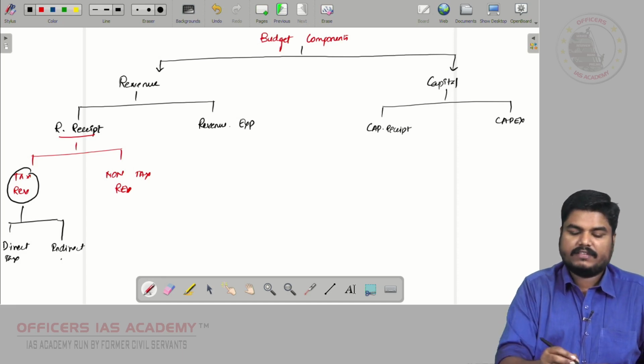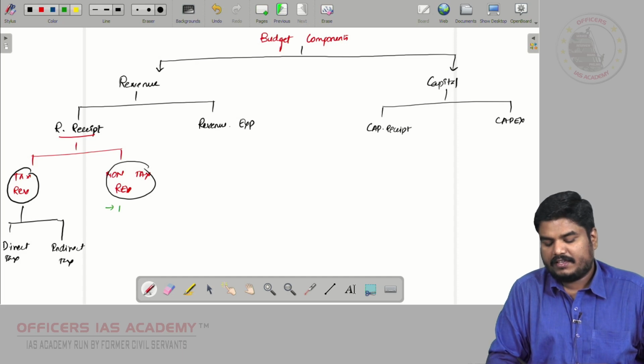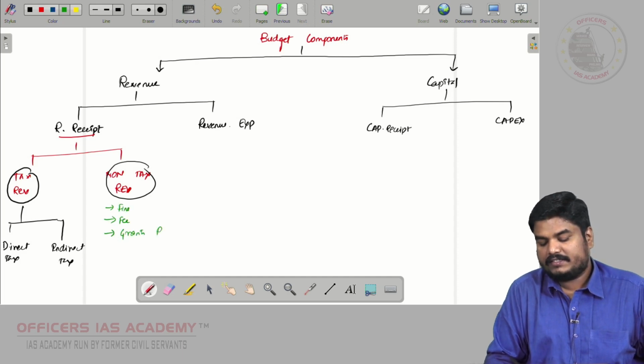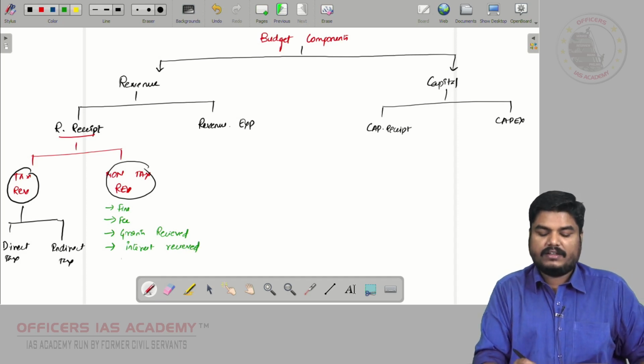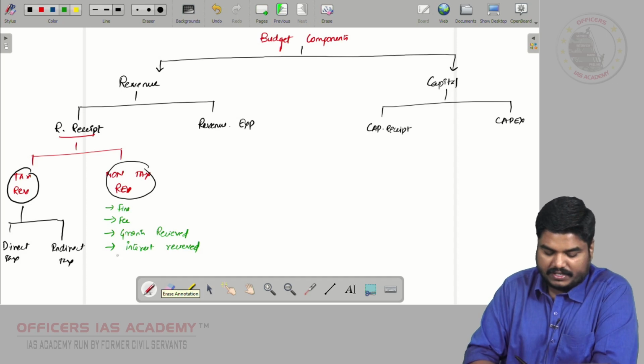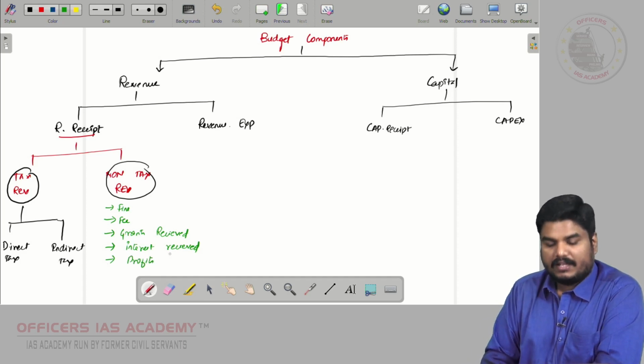Under non-tax revenue I was mentioning fine, fee, grants received, interest received. Right? All these I was placing under non-tax revenue. Then profits made by PSUs.